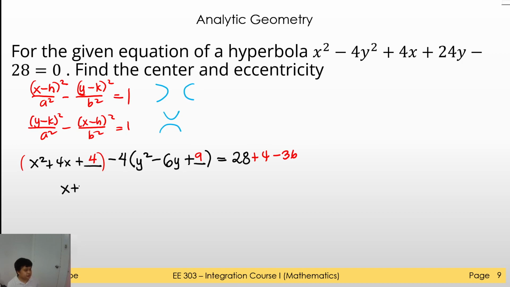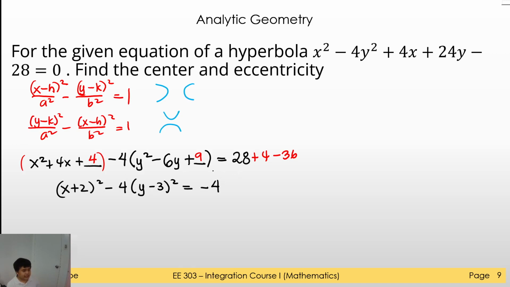Simplifying this, we have (x plus 2) squared, and then negative 4 times (y minus 3) squared is equal to 32 minus 36, so negative 4.